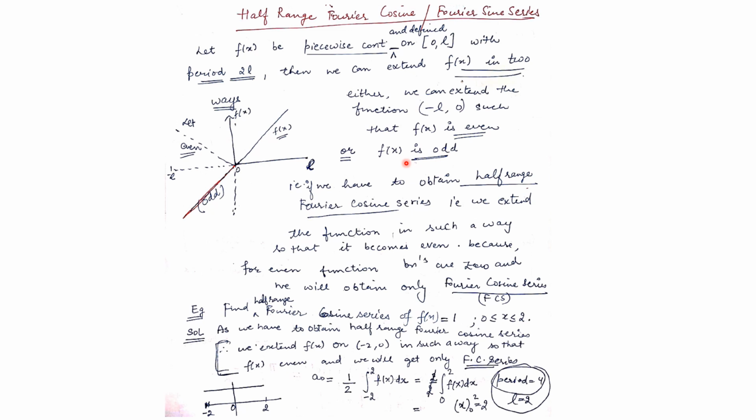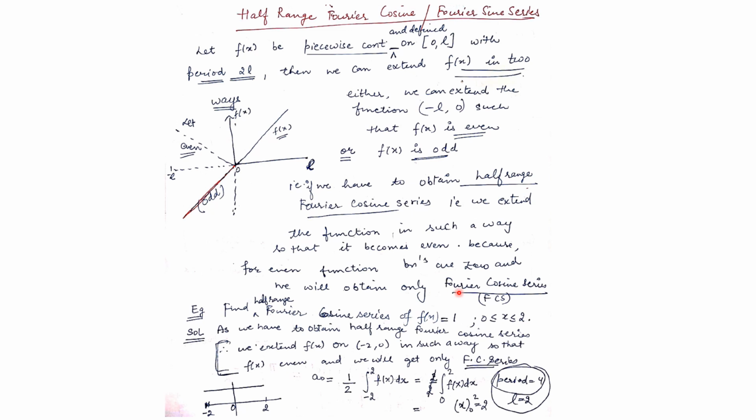Okay, so if the question is to find the half range Fourier cosine series, it means we have extended the function in such a way that it becomes even. So in case of an even function, bn's will be 0, we get only a0 and an's.